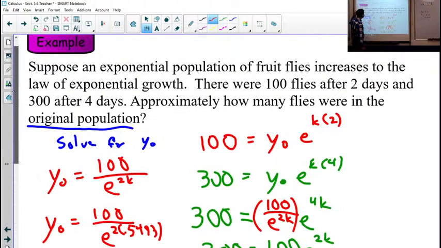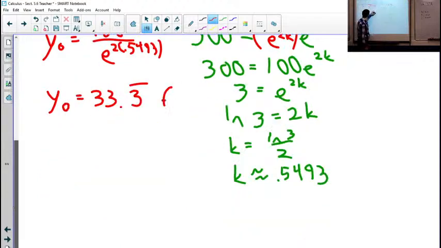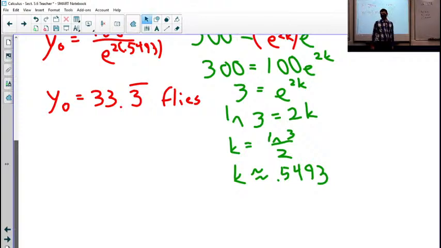What's our units here? Flies. If you want to round it, they'll take a rounding. Questions?